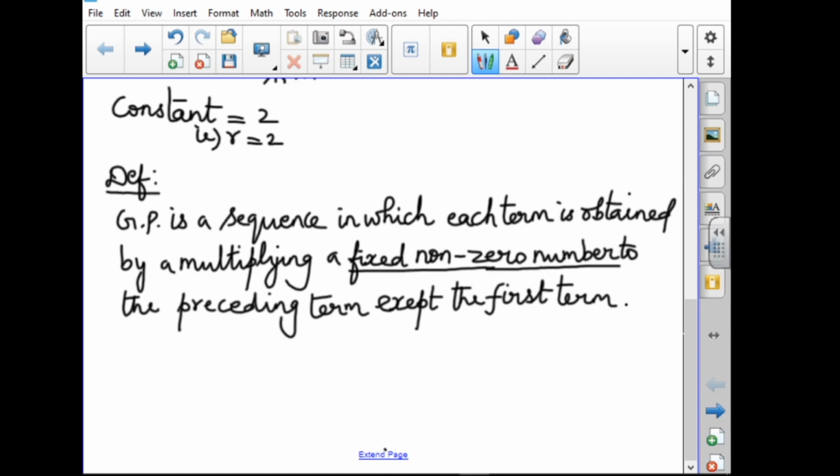This number may be positive or negative, fraction or decimal, whatever it is, except 0. This is known as geometric progression: a sequence in which each term is obtained by multiplying a fixed non-zero number to the preceding term, except the first term.